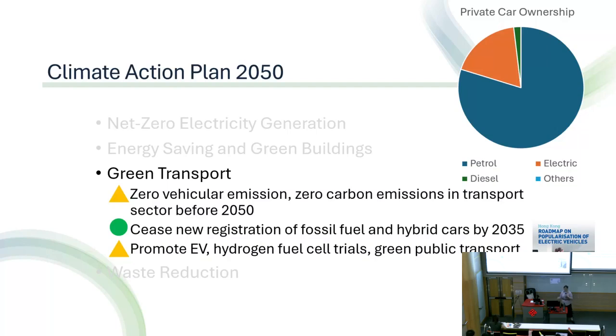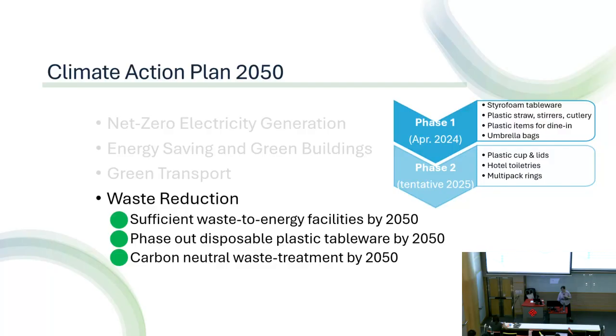So they are actually pushing quite a lot for electric vehicles, and we've got the hydrogen buses on trial. We've got autonomous vehicles on trial as well. So we're actually doing quite well in the green transport areas.